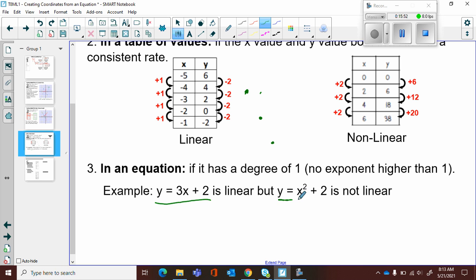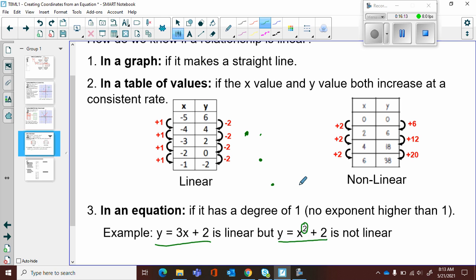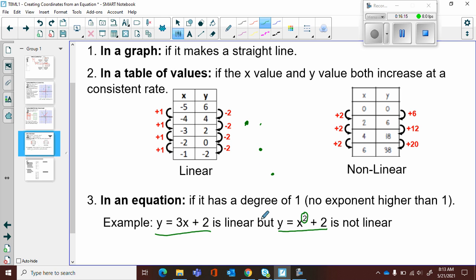But if we had an equation like y equals x squared plus 2, then we know that the relationship is not linear because this has a degree of 2. Okay, so those are 3 ways to tell if a relationship is linear or not. Looking at the graph, you can look at the table of values, or you can look at the equation and see what the degree is.